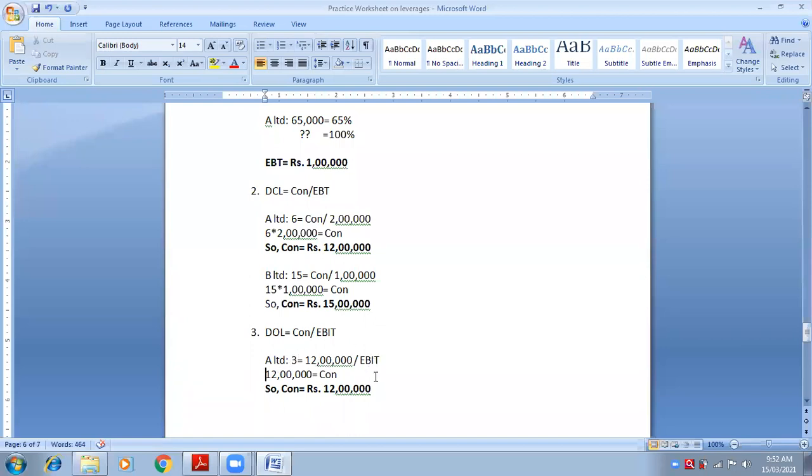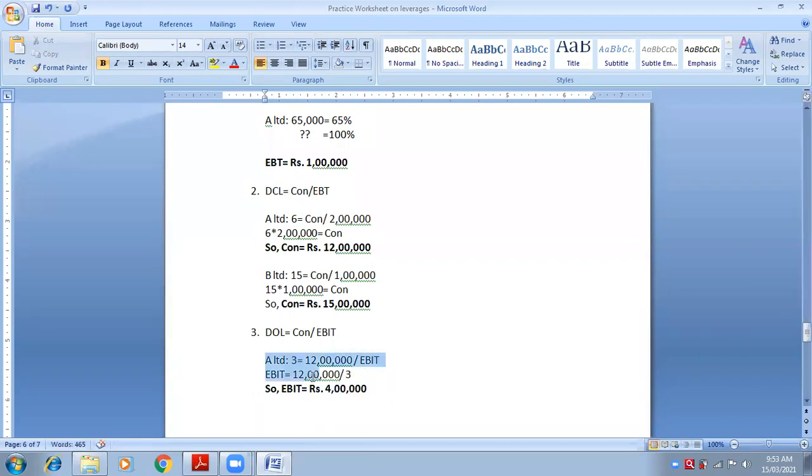Now this 3 will come to the other side, so EBIT is equal to 12 lakhs divided by 3. What is EBIT? 12 lakhs divided by 3 is 4 lakhs. Very good.